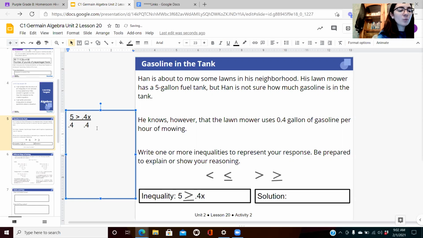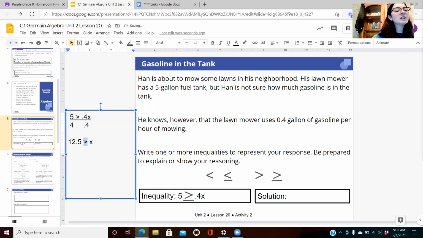I would get, what is greater than or equal to what? What did you get for an answer there, Kyle? 12.5. 12.5 is what? Greater than or equal to x. Very good.